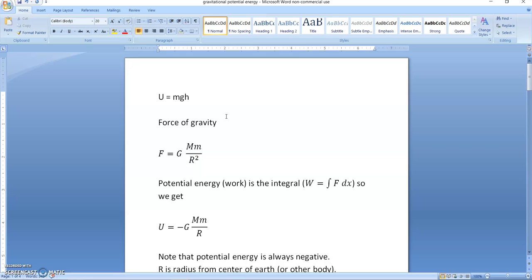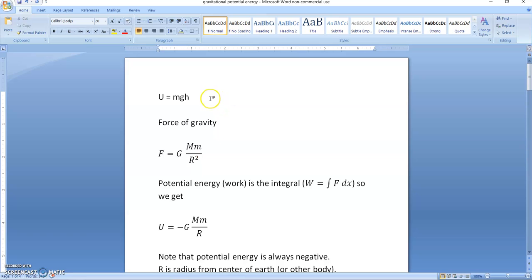However, that's an approximation. It only works if you don't move so far above the Earth that the value of g changes. So if I go up to a height, maybe the top of the school or even the top of the Empire State Building, the value of g is still so close to 9.81 that nothing changes, and this equation will work perfectly well.